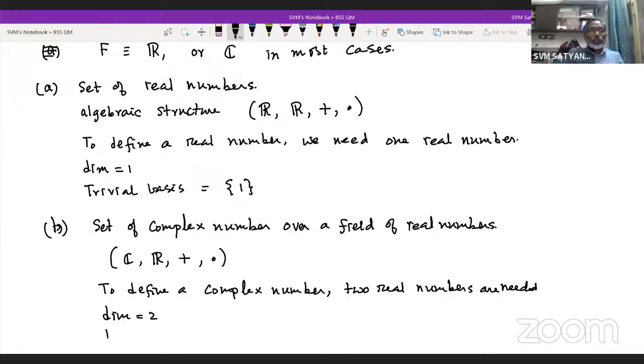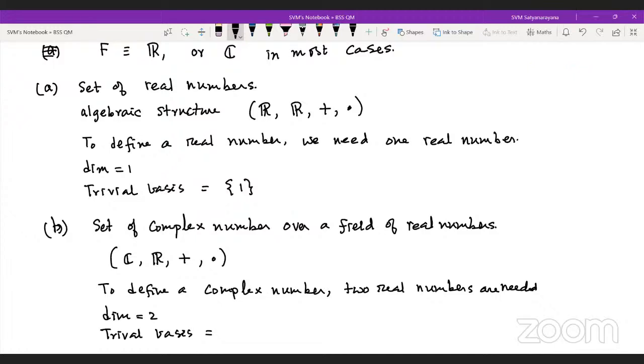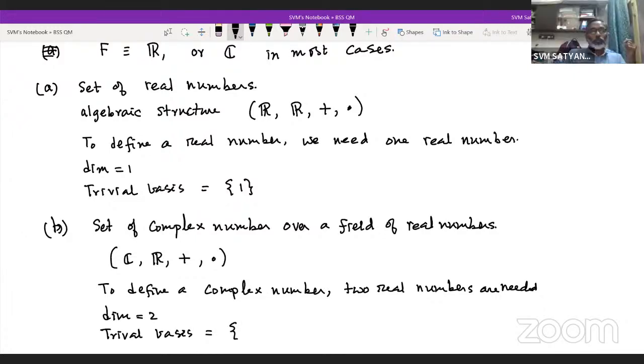So what can we write about a trivial basis for this? I must write two complex numbers. So 1 plus 0i and then 0 plus i, right?